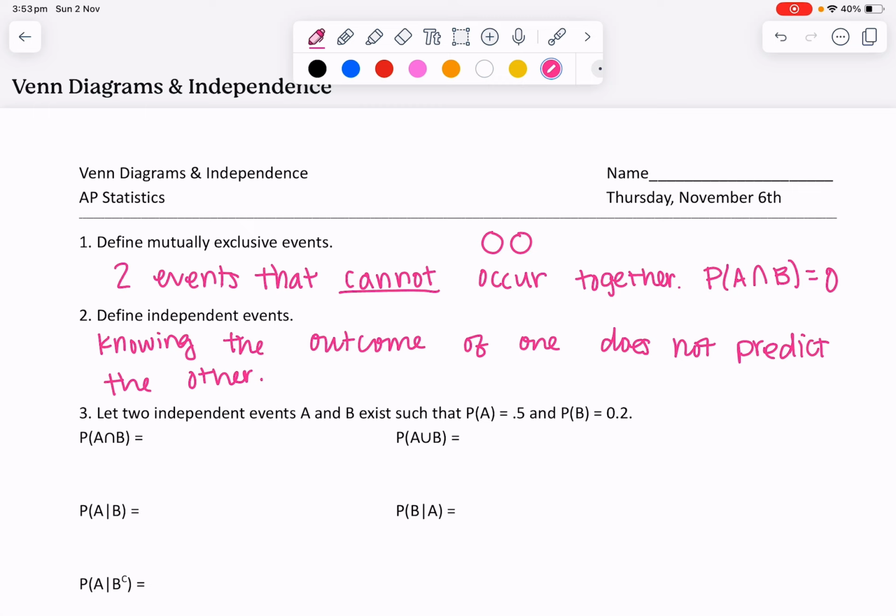So, the probability of A given that B has occurred is just the same as the probability of A. Knowing that B has occurred does not change the probability of A. The probability of A is just still whatever it was before. And then also we have that property that the probability of A and B is the probability of A times the probability of B.